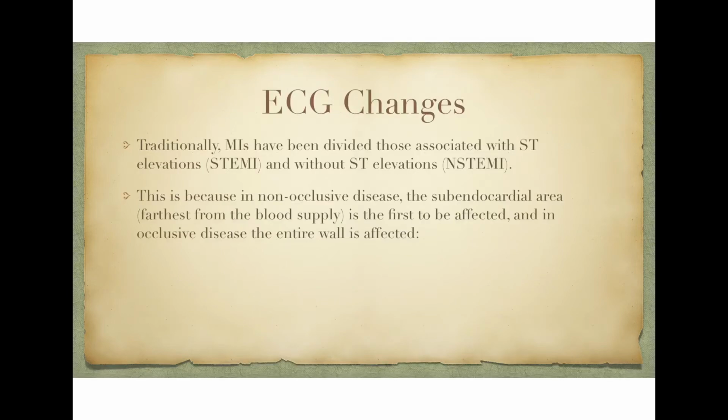And the reason that we focus on this classification is that whenever you have a non-total occlusion of the coronary vessel, the subendocardial portion of the myocardium is the first to be affected, and when there's a total occlusion of the coronary vessel, the entire myocardium, an entire transmural area, is affected.